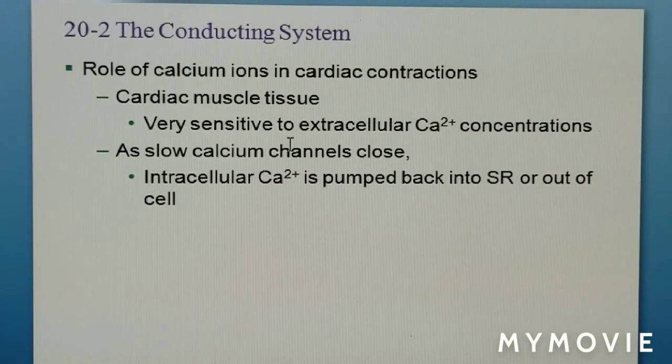Cardiac muscle tissue is very sensitive to extracellular calcium. As slow calcium channels close, intracellular calcium is pumped back into the sarcoplasmic reticulum or out of the cell.